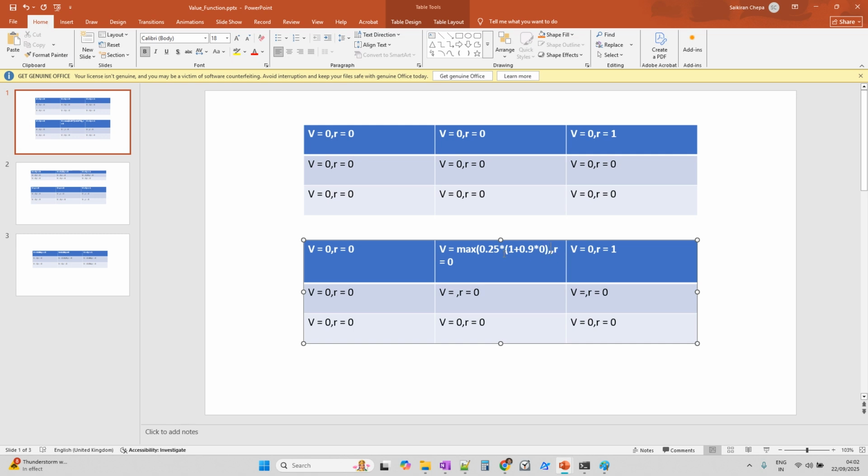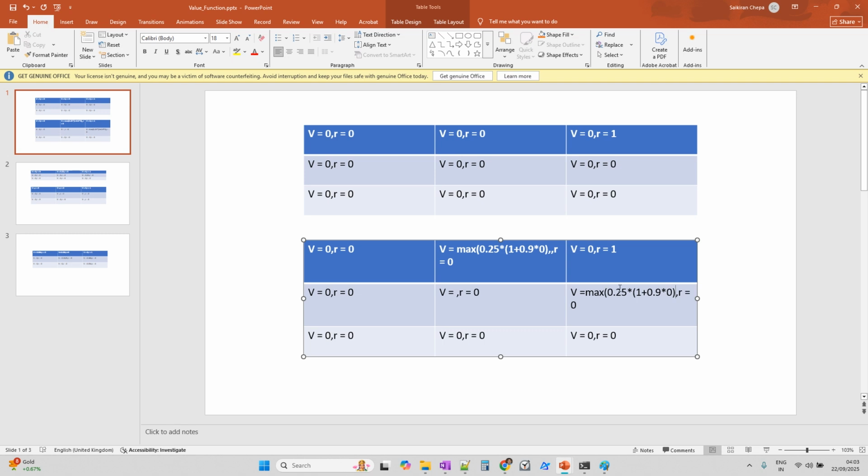Next, if he goes up, then the value is already 0 here, so the discounting factor and all, nothing will come. If he goes down, nothing will come. If he goes to the left, all are zeros. So now this one will update as max of 0.25 into 1, which is the reward since he went here, plus 0.9 into 0.